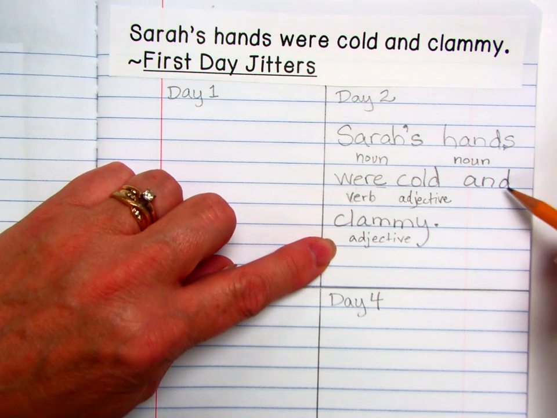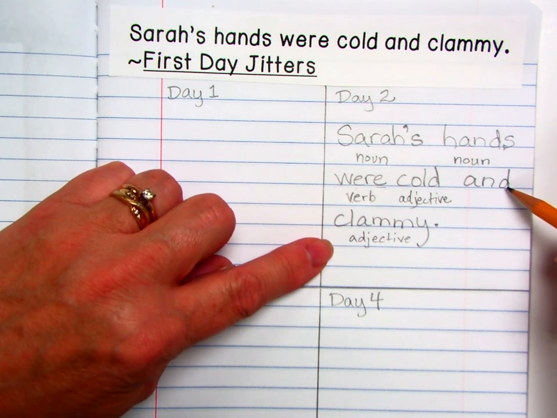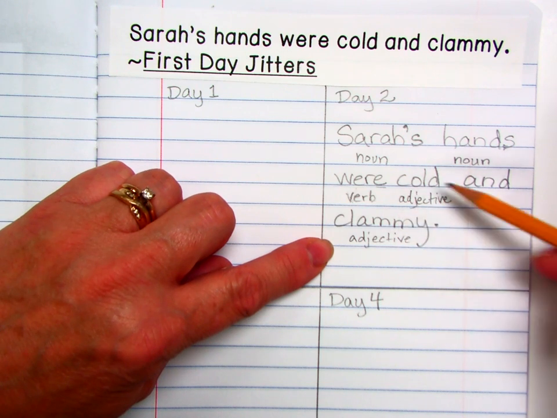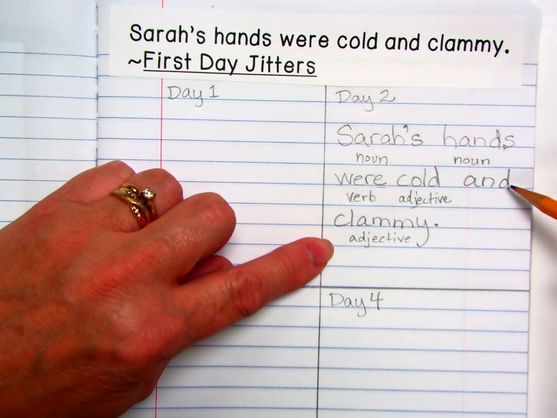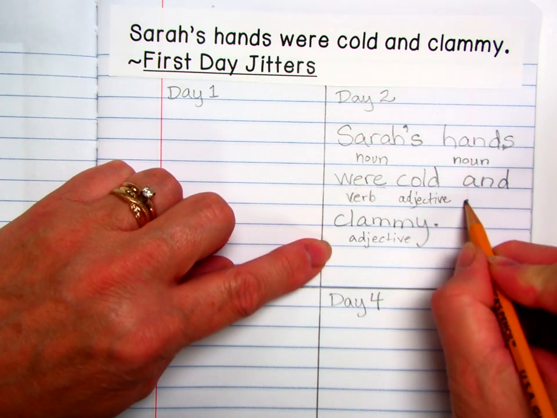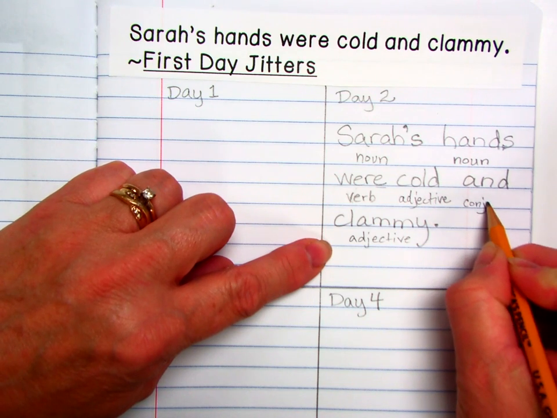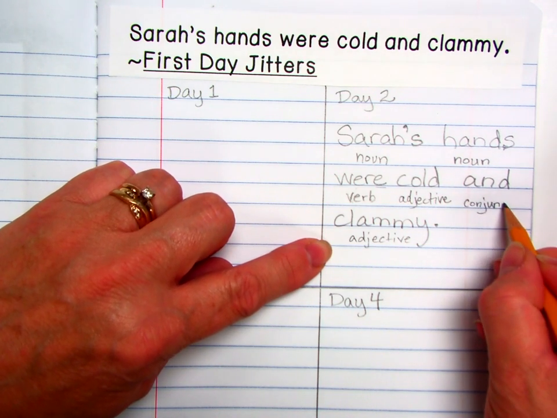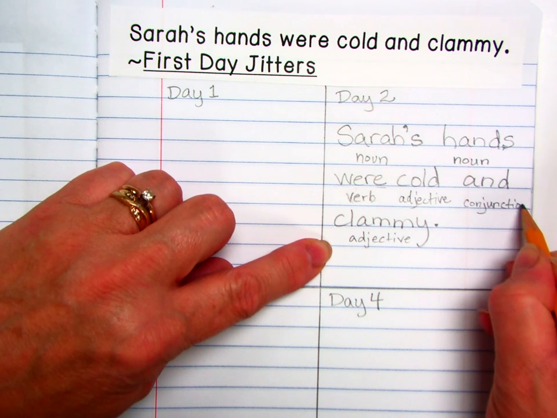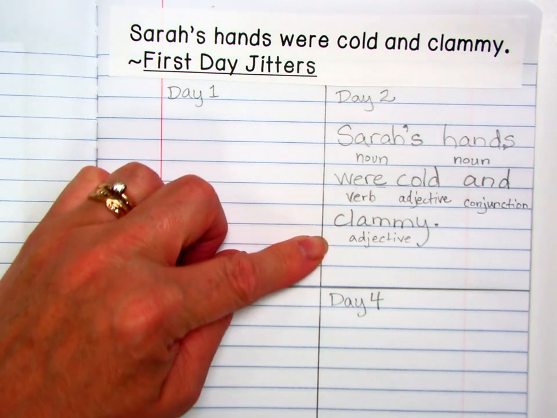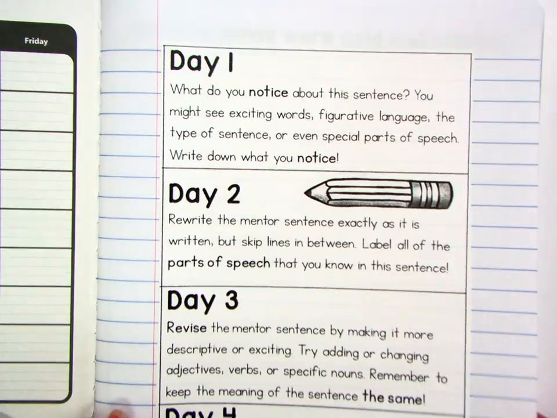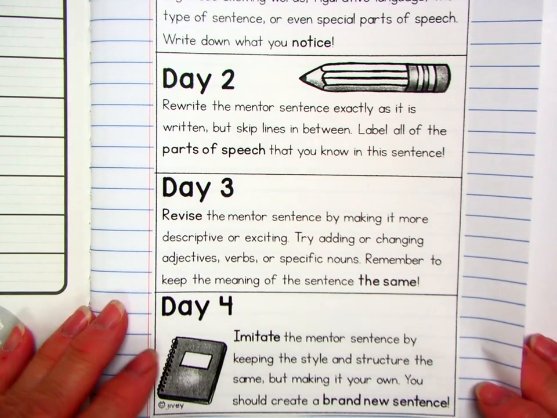And now we have just one word left, and. And is a connecting word that connects together these two adjectives. And that connecting word we call a conjunction. Hooking up words and phrases and clauses is the job of a conjunction, as you will see in that song, Conjunction Junction.